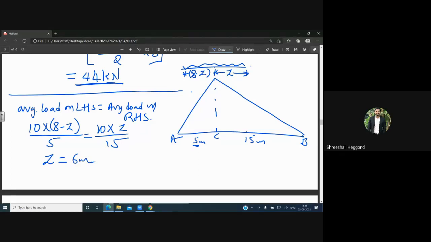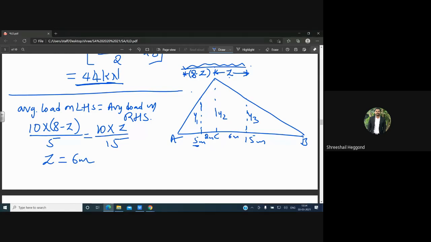If Z is 6 meter, to the right of C, for 6 meter, the UDL has to be applied, and to the left, the remaining 8 minus 6, that is 2 meter, should be applied. Like this, UDL will be applied on the bending moment diagram. You need to calculate Y1, Y2, and Y3 ordinate values and multiply with the area to get the bending moment at C point.